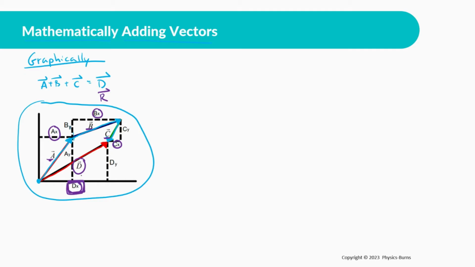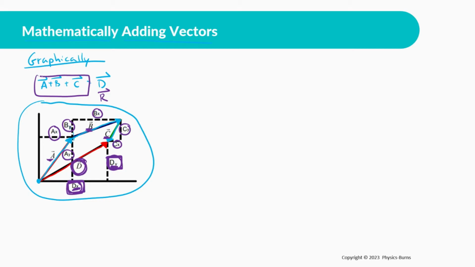Same thing with the y direction: the resultant vector in the y direction is equal to A in the y direction plus B in the y direction plus C in the y direction. And if you combine this resultant in x and this resultant in y, it'll give you the final resultant vector of A plus B plus C, and so on.